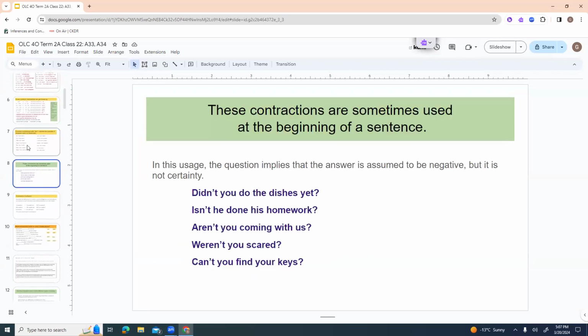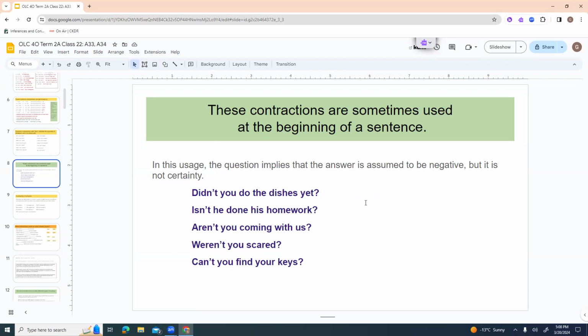Now, these kind of negative contractions are sometimes used at the beginning of a sentence, and they're usually used in kind of a funny way where it almost assumes that the answer is negative and the person is wondering why. Like if you come home and there's a bunch of dishes in the sink, people will turn to whoever's supposed to do them and say, didn't you do the dishes yet?